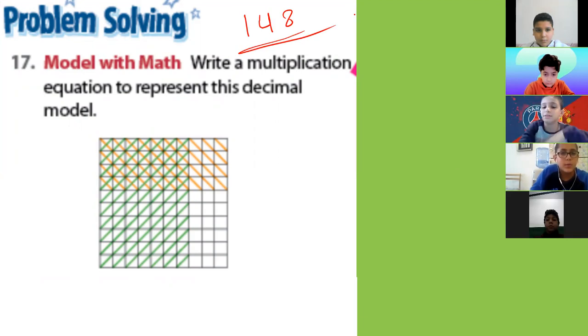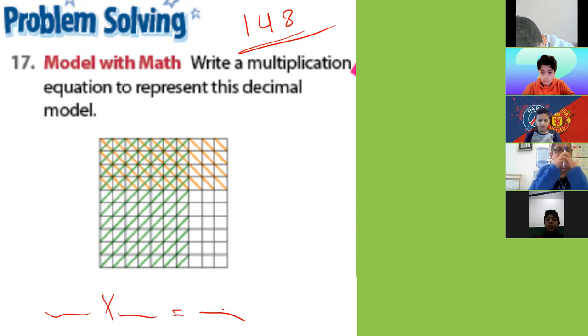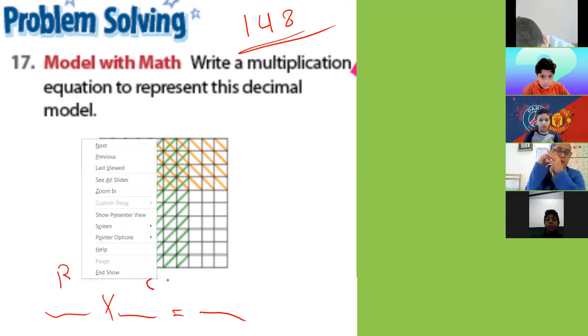Model with math, write a multiplication equation to represent this decimal model. Okay, I need you to find the multiplication statement with the product that gets deduced from the model in front of you. We have two colors. What are they? Yellow and green. The yellow represents the row, the first, and green the column, the second.